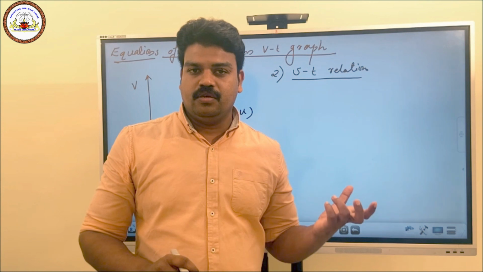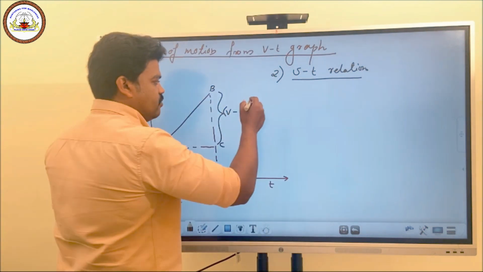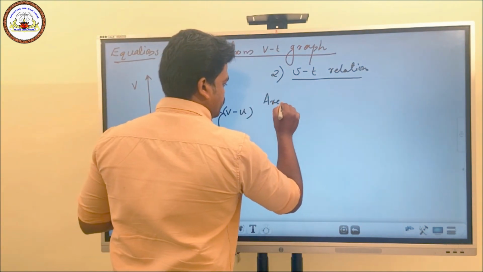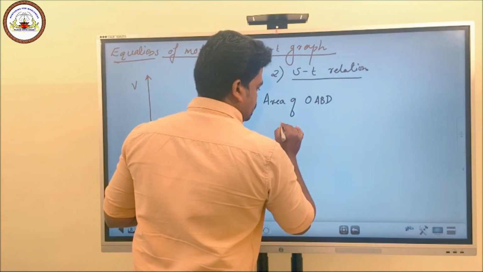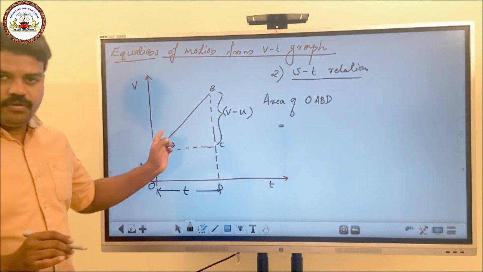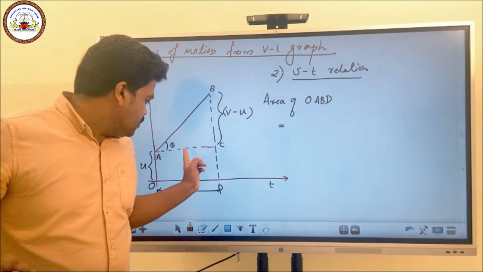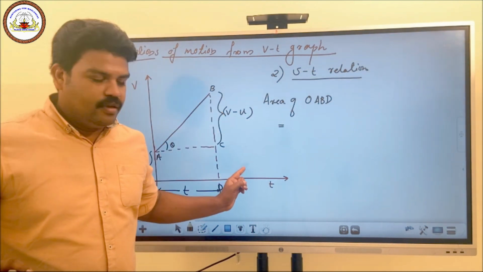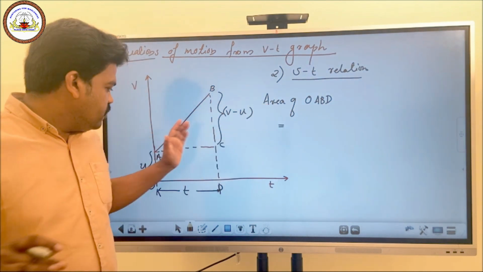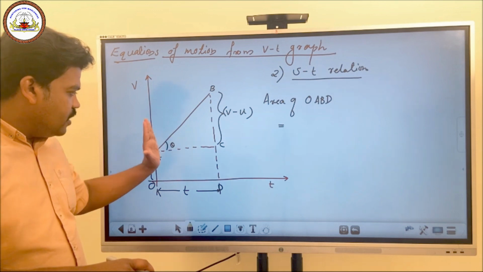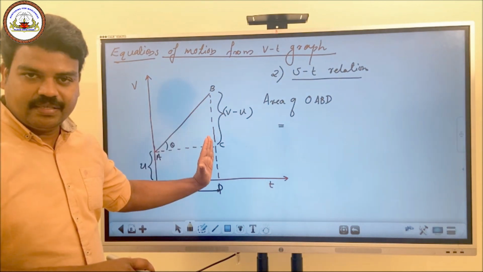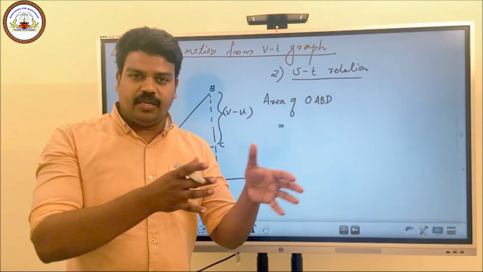So we can take the area of the trapezium OABD. The area of OABD is half into the sum of parallel sides, OA plus BD, into the perpendicular distance.